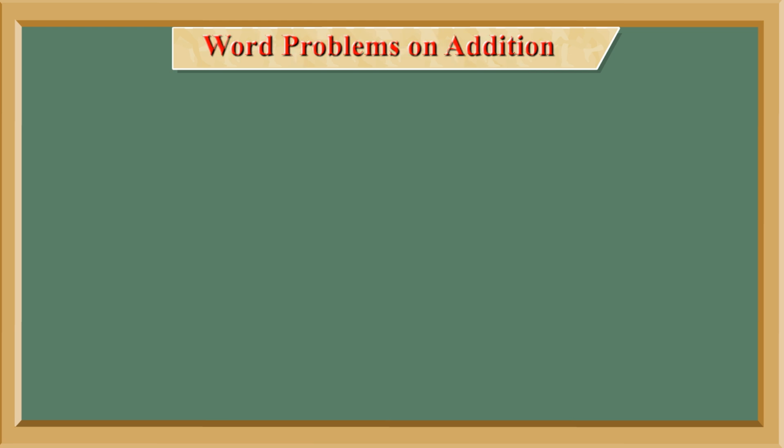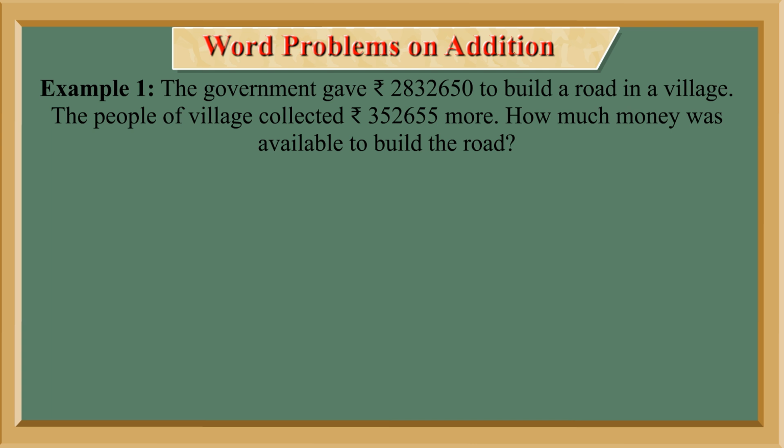Word problems on addition. Example 1. The government gave 28,32,650 rupees to build a road in a village. The people of the village collected 3,52,655 rupees more. How much money was available to build the road? Solution. Amount given by the government is equal to 28,32,650 rupees.